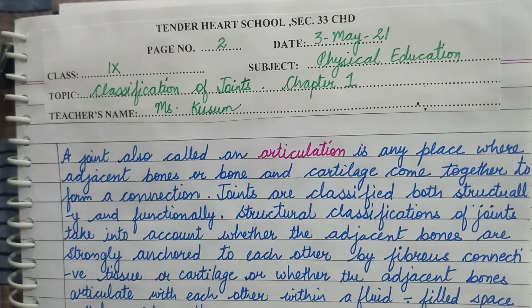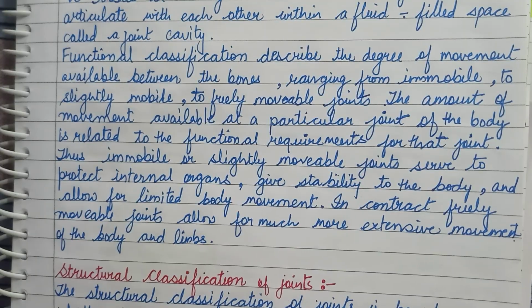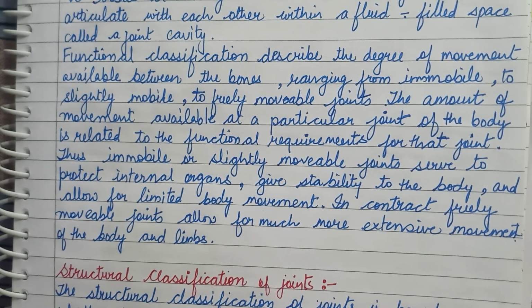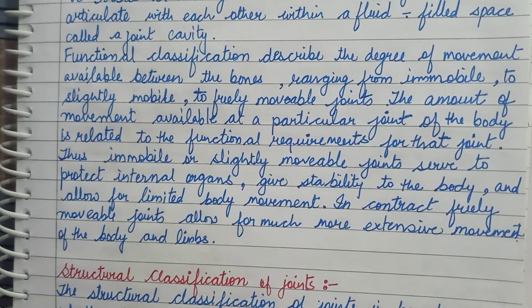Structural classification of joints takes into account whether the adjacent bones are strongly attached to each other by fibrous connective tissue or cartilage, or whether the adjacent bones articulate with each other with a fluid space called a joint cavity. Functional classification describes the degree of movement available between the bones, ranging from immobile to slightly mobile to freely movable joints.